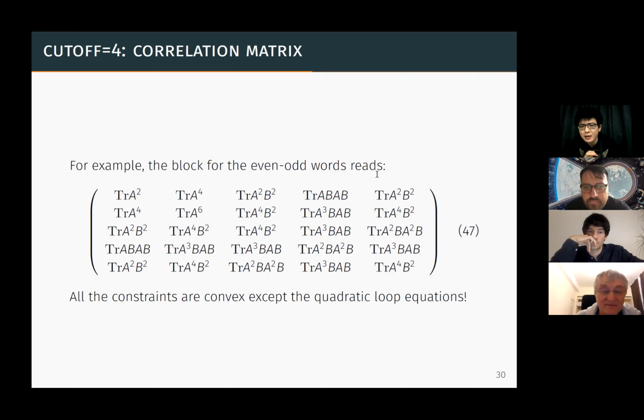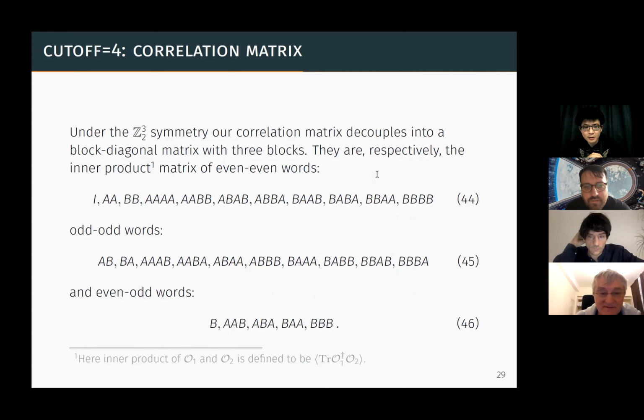Why is the expectation value of A4b square positive, for example? You mean why they are there? So 47 will be positive definite. Do I understand correctly? Then all diagonal elements should be positive, right? Yes. So how do I see that trace of A to the 4b square is positive? Yeah, here you see for the second one. Let's look at equation 46. For the second word, you just take the inner product of it, and you will get the trace A to the 4th C square.